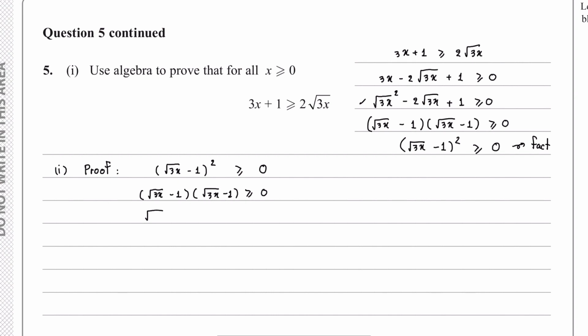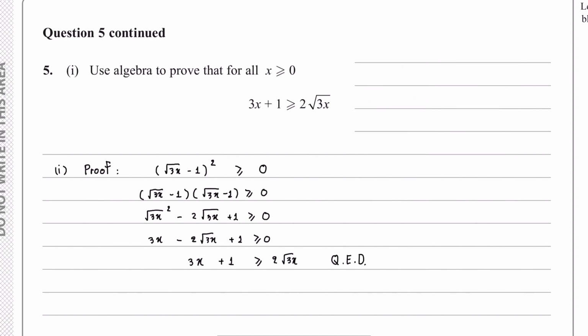It will be (square root 3x) squared minus 2 times square root 3x minus 1 plus 1 is greater than or equal to 0, which is 3x minus 2 square root 3x plus 1 greater than or equal to 0. And then we move 2 square root 3x to the right hand side. It will be 3x plus 1 is greater than or equal to 2 square root 3x. And then you erase all of this plan because you don't have to show them. Just show only this part.